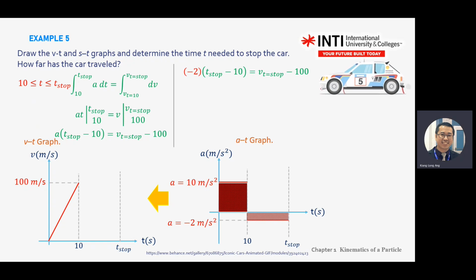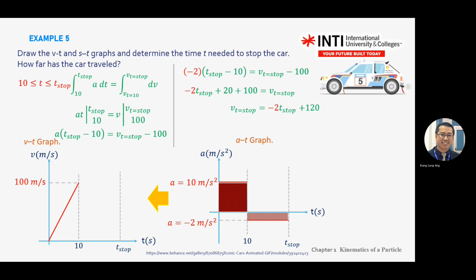You know the acceleration on this region. Acceleration is -2. Substitute -2 here. You get another linear equation. Okay, you rearrange, you get a linear equation: v equal to -2 t stop plus 120.